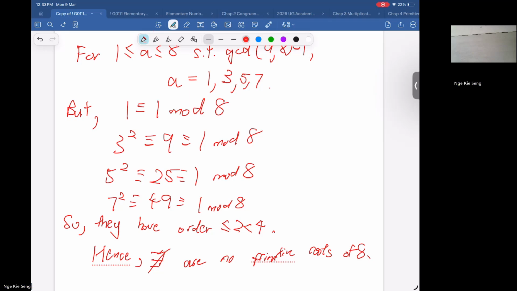Powers of an odd prime also have a primitive root. Okay, or power of 4. But this number here doesn't have a primitive root. Can we give a description of integers that don't have a primitive root? Not sure. Let's see how it goes.